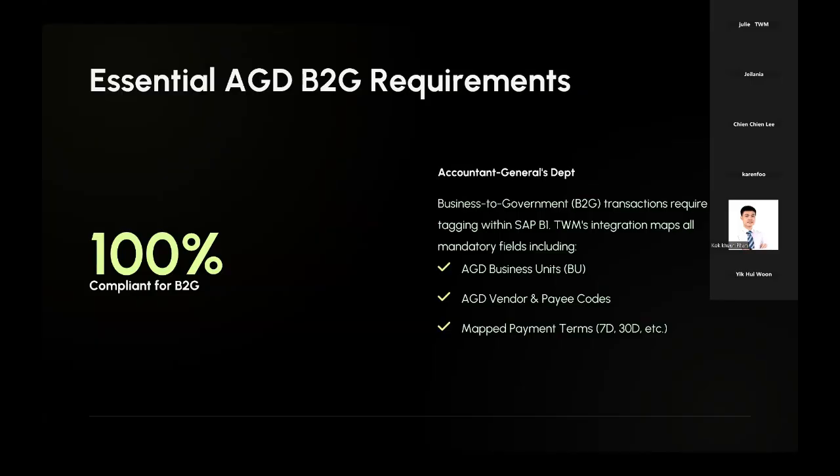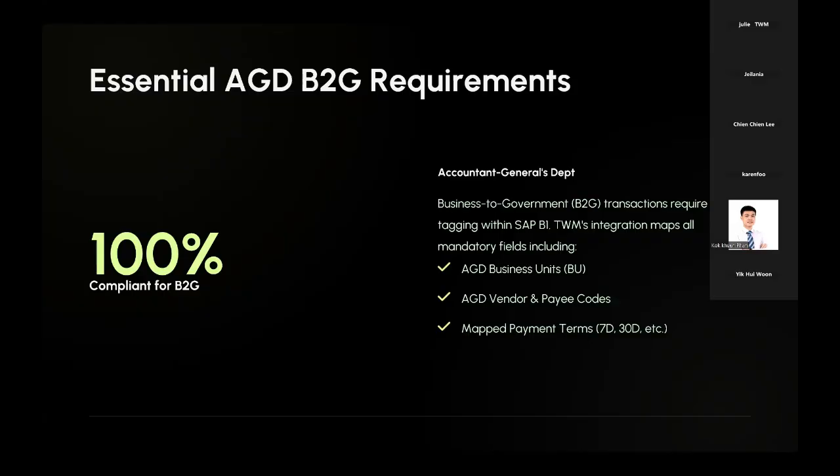However, there are also other requirements for B2G, which means that if you deal with the government sector, for example, you need to send an order to your customer, and your customer is part of the government sector, then you will need to meet some compliance requirements announced by the government.